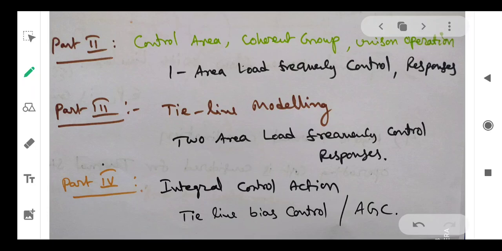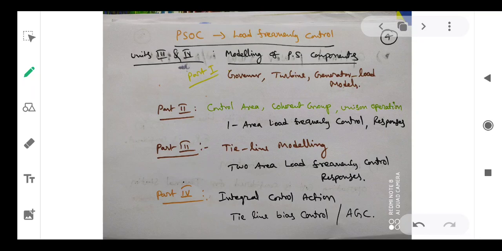All these are the various parts of load frequency control. So in PS4C, units 3 and 4 comprise modeling of power system components, single area control and its responses, tie line modeling and two area control and its response, and miscellaneous topics like tie line bias control.